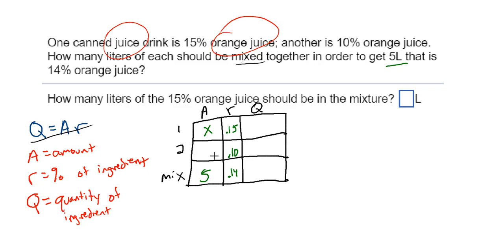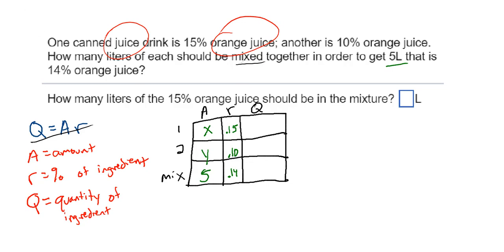And since we've talked about systems of equations in chapter 3, this would be a good time to make use of that. We will just let Y represent the amount of the second juice drink. So just use a second variable to represent this other unknown value. But the trade-off there is if you're going to use 2 variables in your problem to set it up, you have to come up with 2 equations in order to get a solution. And we'll get to that in just a minute.